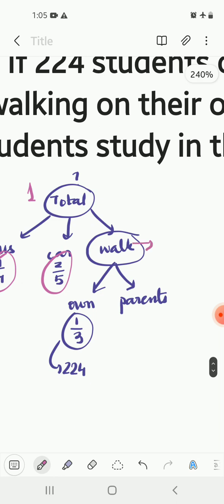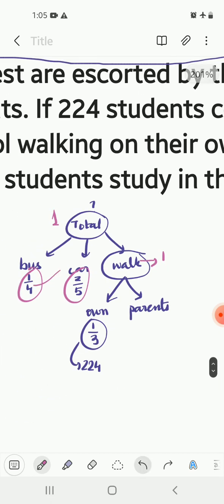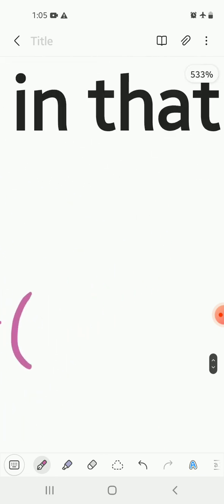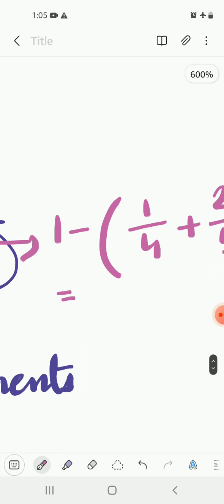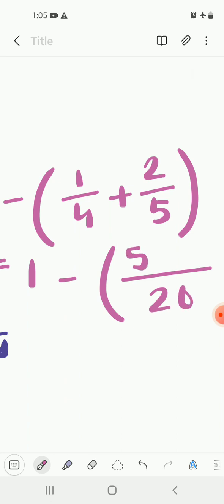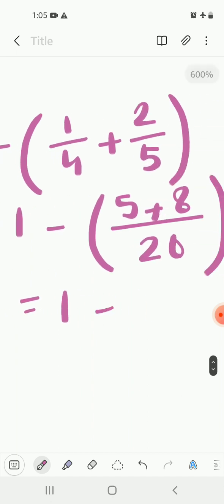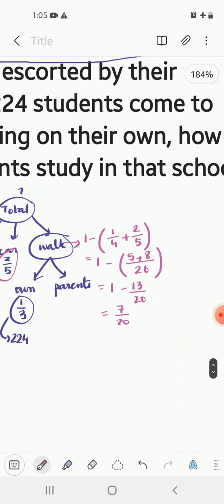So in order to find out how many students come by walking, we have to deduct these two, 1 by 4 and 2 by 5, from 1, which is the total. 1 by 4, add these two and deduct it from 1. 1 minus, first add it, it is 5 plus 8 over 20, so it is 1 minus 13 by 20, which means 7 by 20 are the students who come by walking.